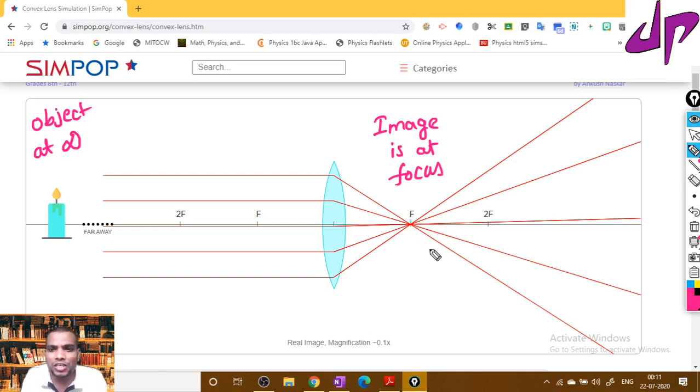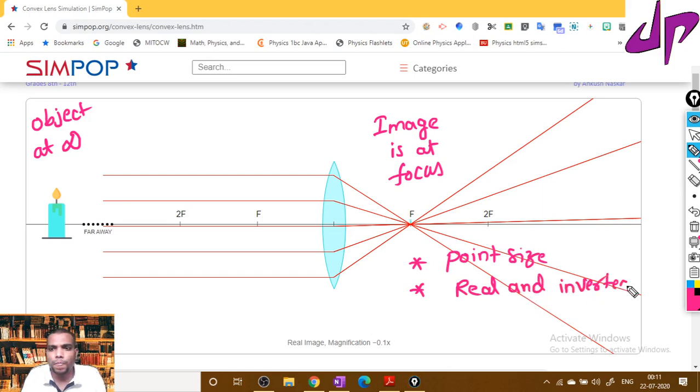Now what is the nature of the image? The image is point size, and the image is real and inverted. So how do I know that it is a real image and an inverted image?